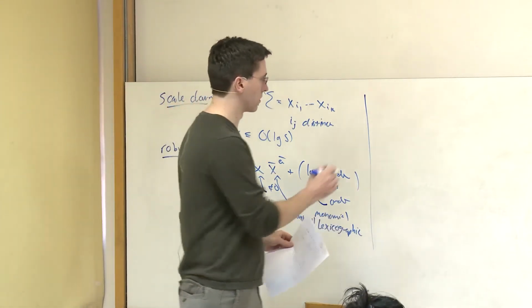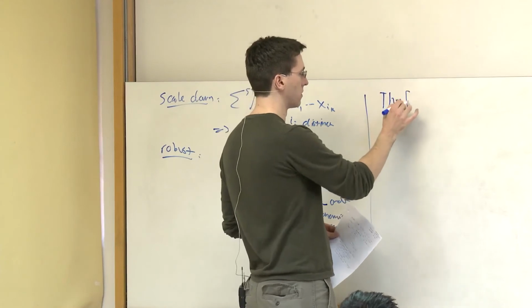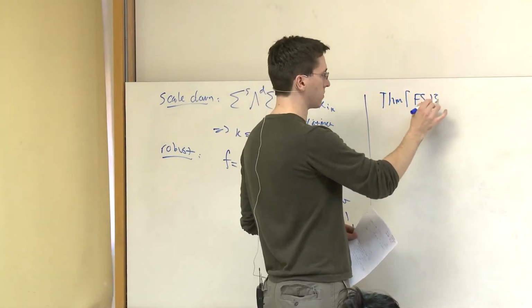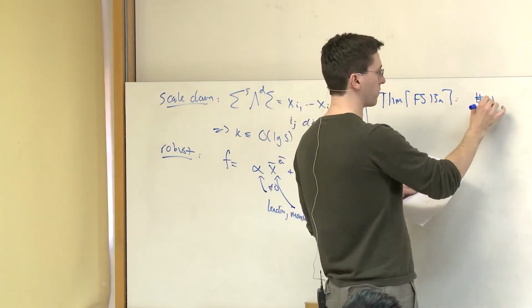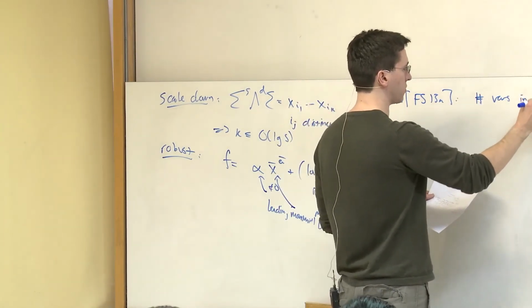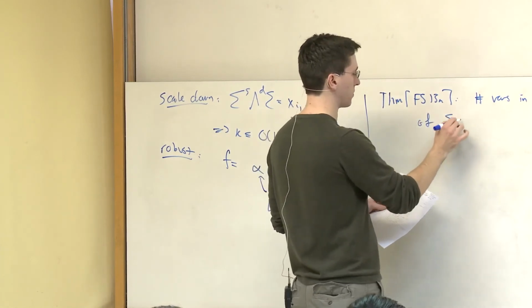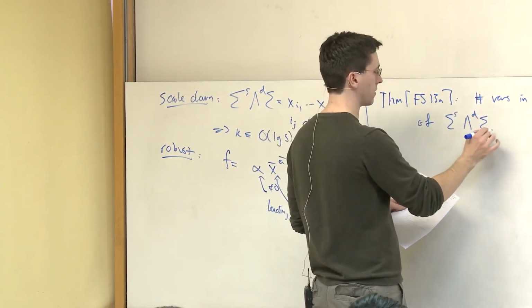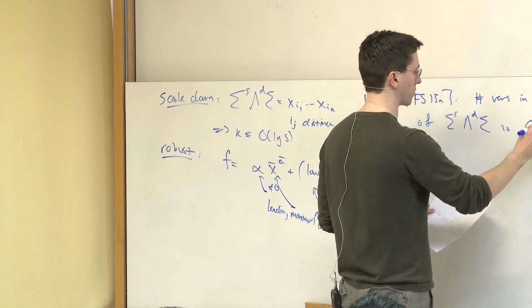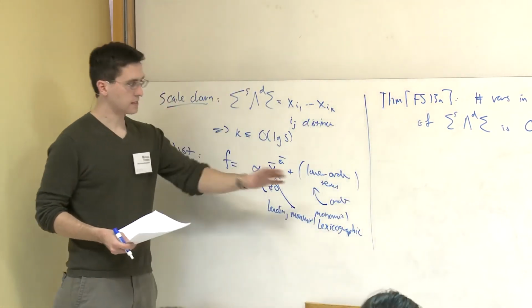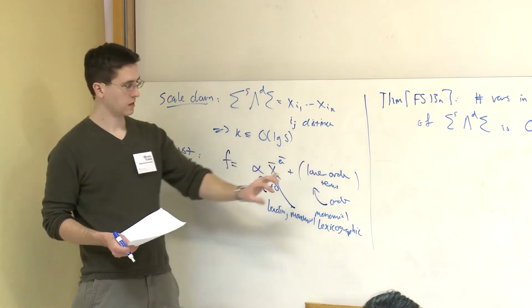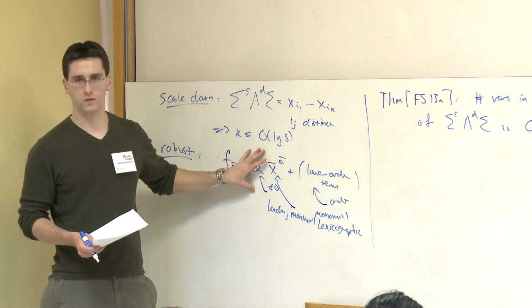So the theorem that I want to show for you, 13a or whatever, is that the number of variables in the leading monomial of one of these depth circuits is order log s. So I can't say anything in general about the lower order terms, but this leading monomial has few variables.